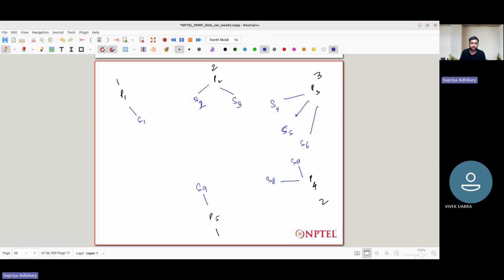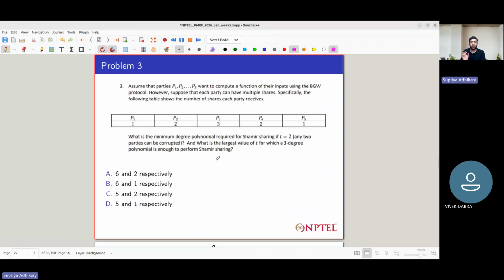So how many parties at max will be corrupted? If we corrupt P2 and P3, it will corrupt all these 5 parties. So at max, that is the maximum value. Even if we corrupt P3 and P4, the maximum number of parties corrupted is 5. So 5 should be the number in the summary secret sharing protocol.